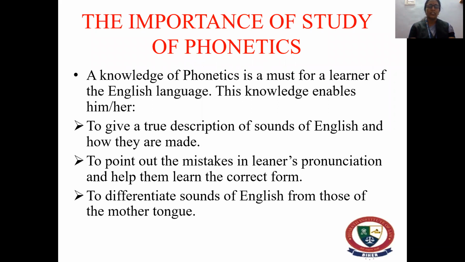So this sound differentiation, one must be aware of. One cannot use the same sounds that are available in their mother tongue. Then it is not said to be speaking English. So one must know the right sound and we should use the right sound in the right place.